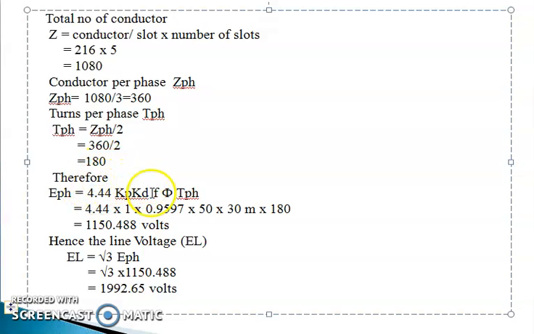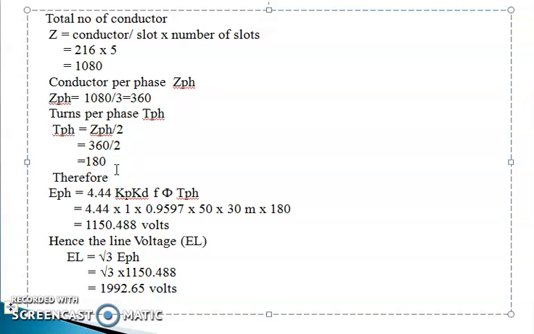So what is the formula of EMF? 4.44 Kp Kd f phi T. Now Kp is 1, Kd is 0.959, f is 50 Hz, phi is 30 milliweber, given in the problem statement itself, and T we just calculated as 180.